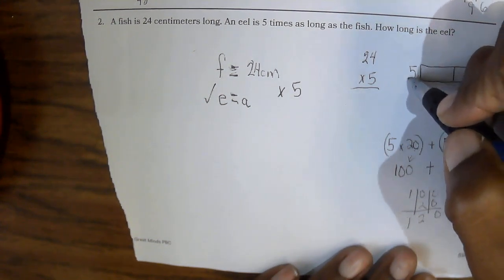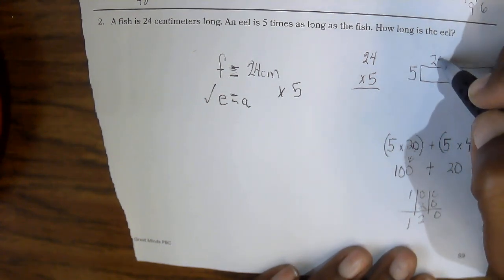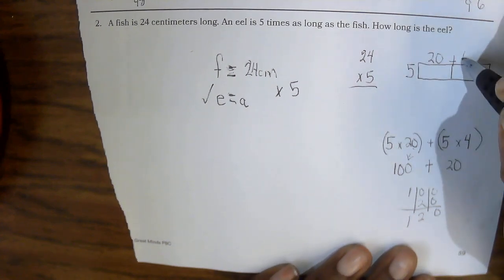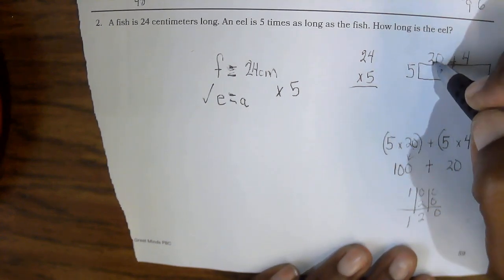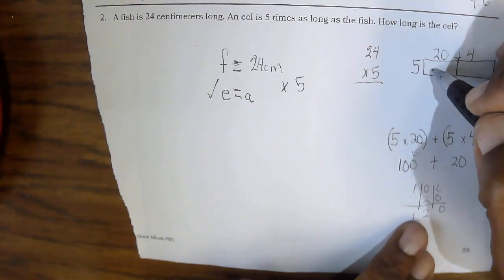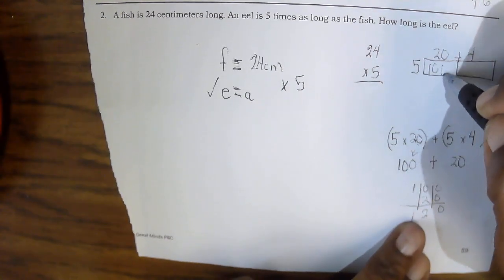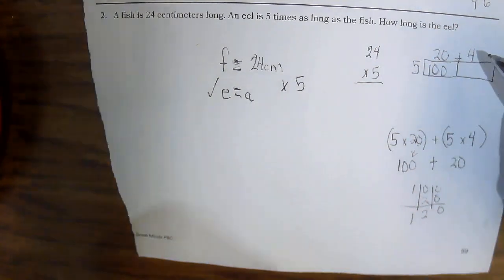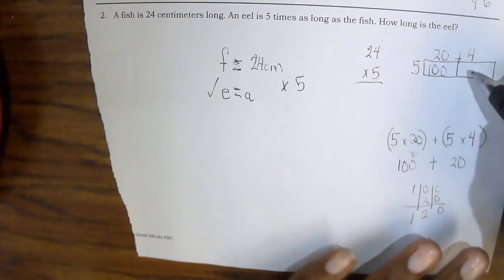Okay, I'm also going to do the area model. 5 goes here. The expanded form for 24 is 20 plus 4. 5, 10, that's 10. Drop this 0 down, that's 100. So 5 times 20 is 100. 5 times 4, 5, 10, 15, 20.